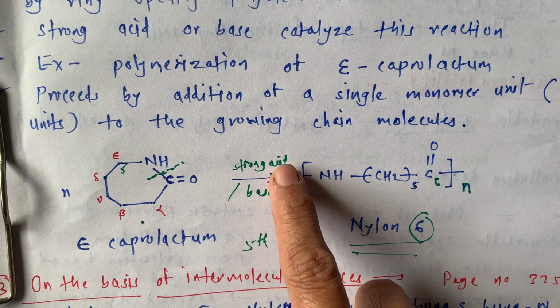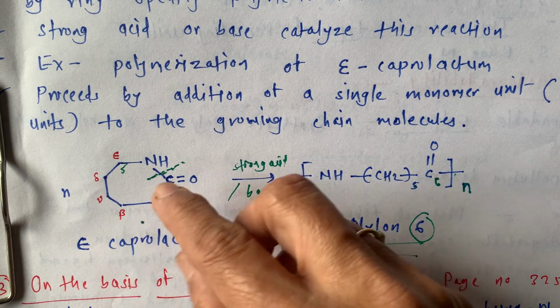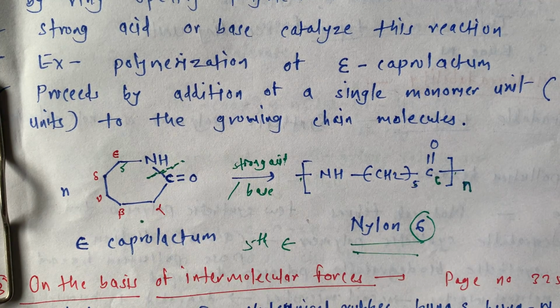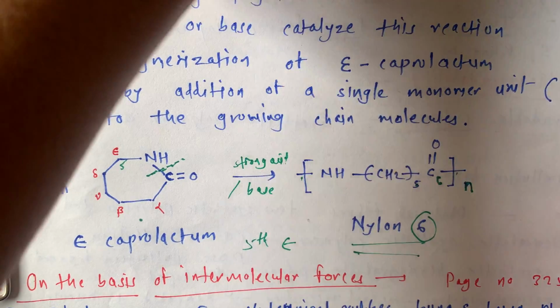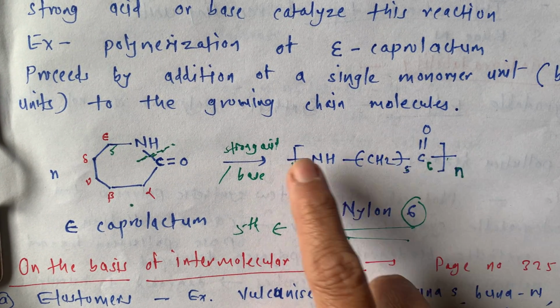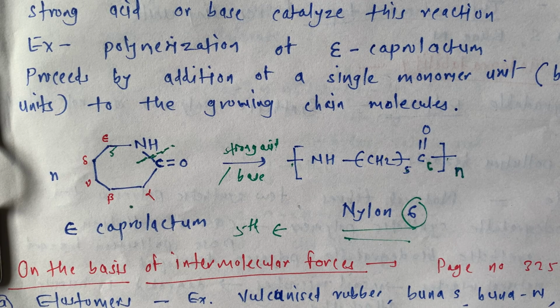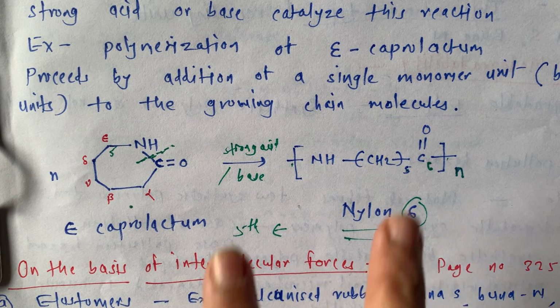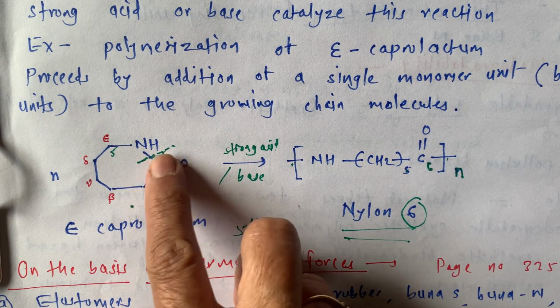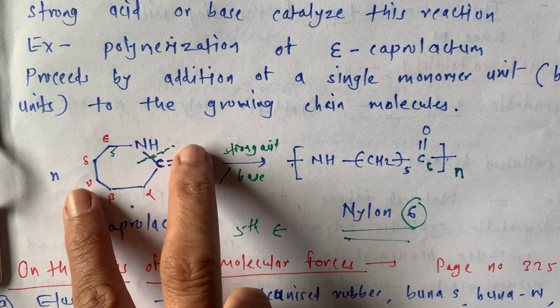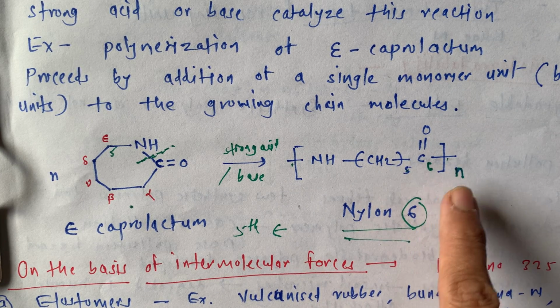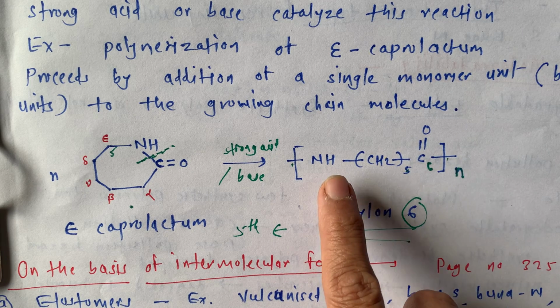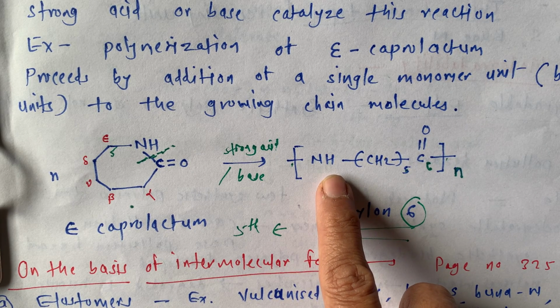So when we use a catalyst such as a strong acid or base, there is a breaking of bond, and after that breaking of bond the ring chain is open. After opening this chain, the monomers are connected to each other with these links, and n number of open epsilon caprolactam rings get attached to each other.